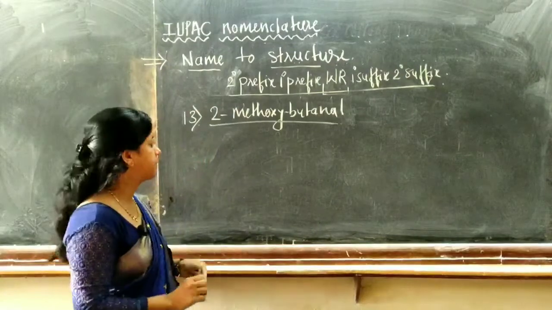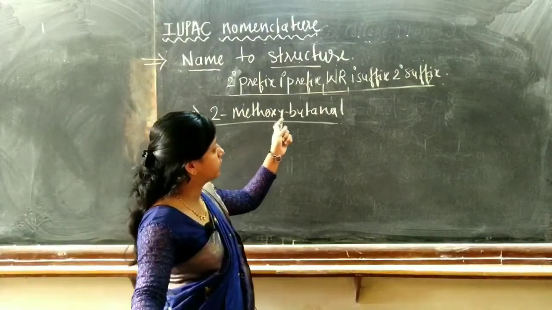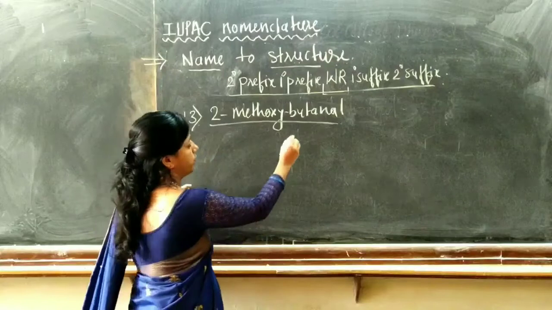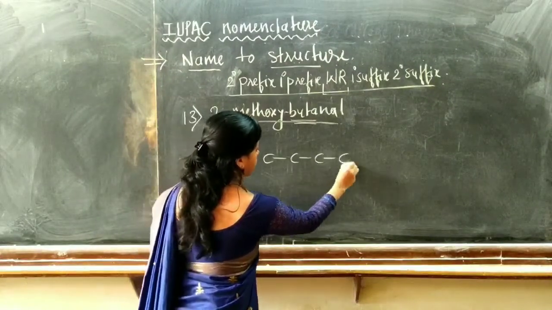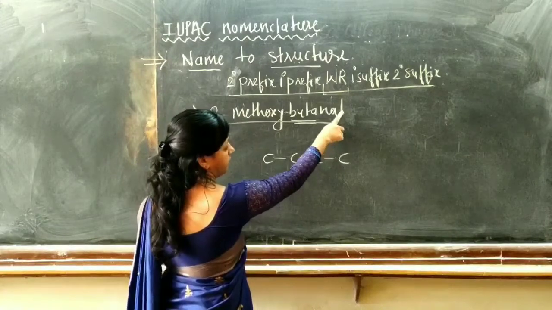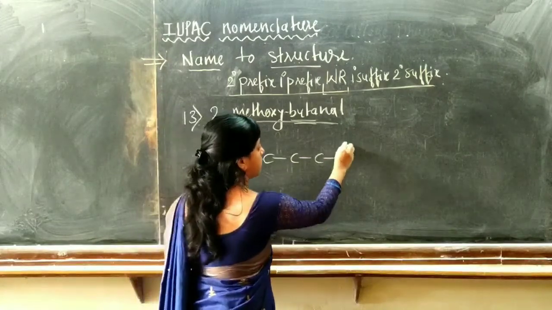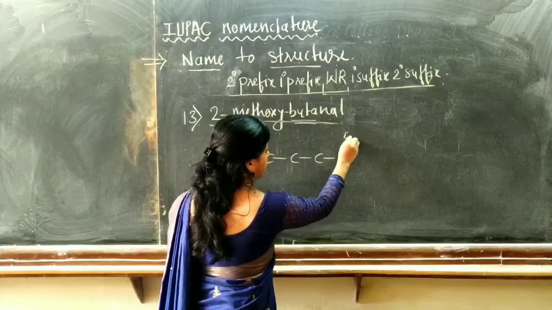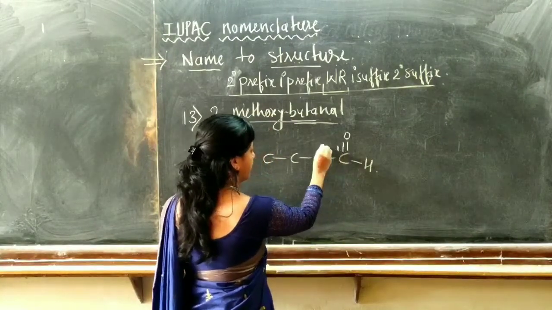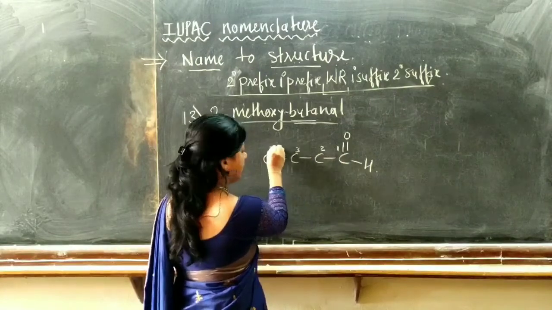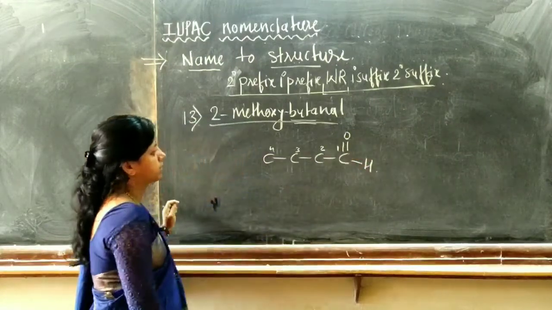So 13th example is 2-methoxybutanal. But is the root word, so we have to write 4 carbons. Al is a secondary suffix, it is an aldehyde group. I will number from this side because I have written the aldehyde group at the first carbon.